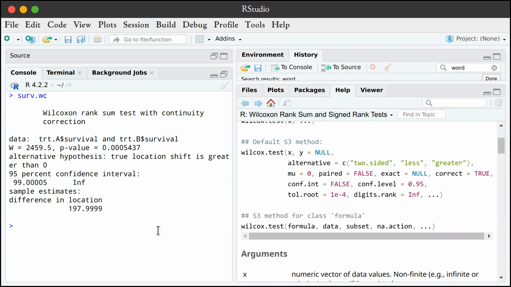Since it is distribution free, all we are saying is, this is my center location. Did the data move away from that location? There is a shift, and that is significantly greater than 0, the middle value. Good.